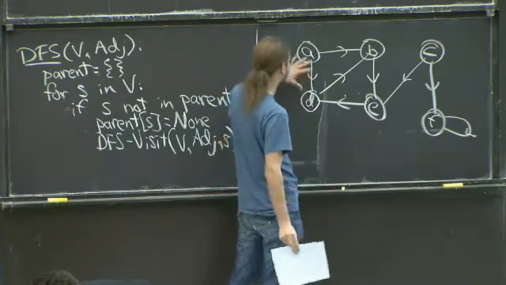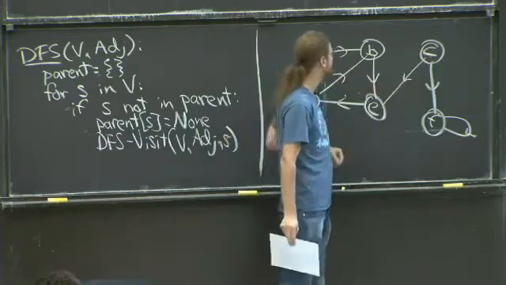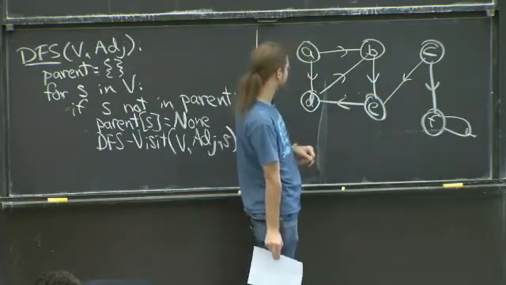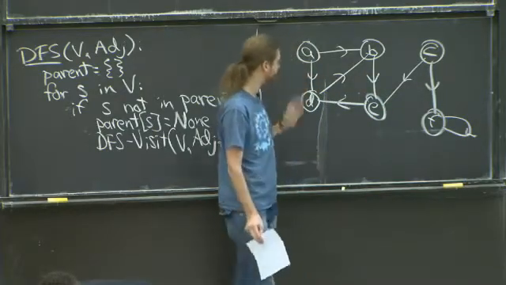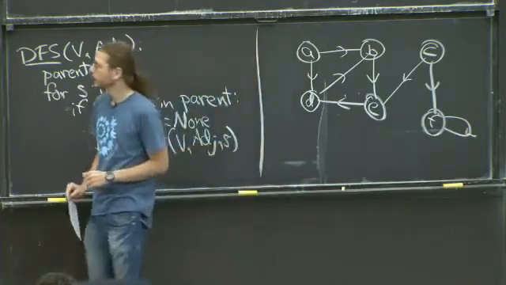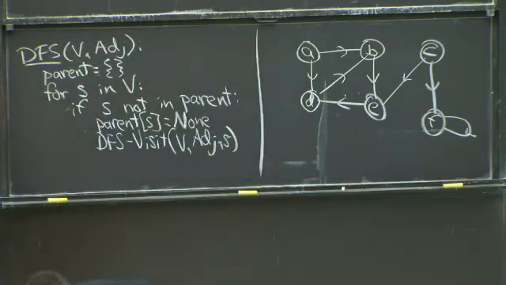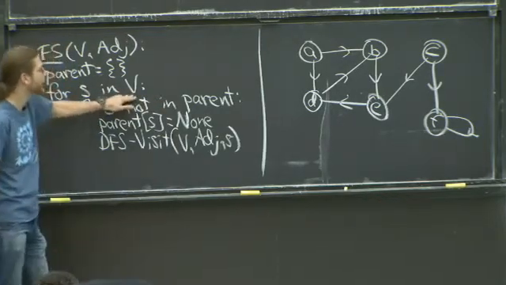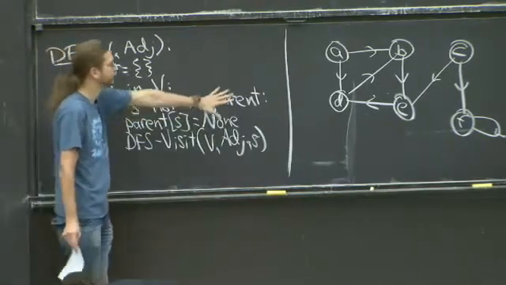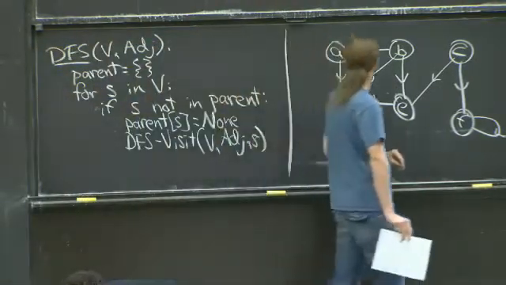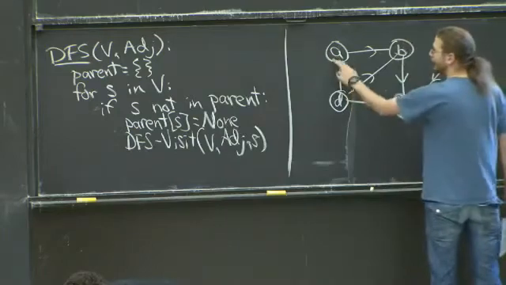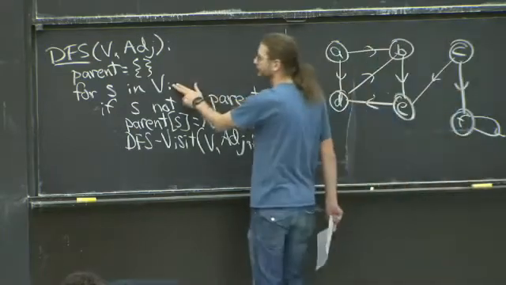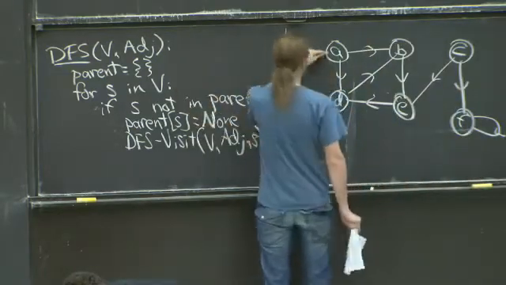No, so you can't get from these vertices to C. You can get from C to everywhere, it looks like, but not strongly connected. And we're going to run DFS, and I think basically in alphabetical order. These vertices have to be ordered somehow. We don't really care how, but for sake of example, I care. So we're going to start with A. That's the first vertex in here. We're going to recursively visit everything reachable from A.